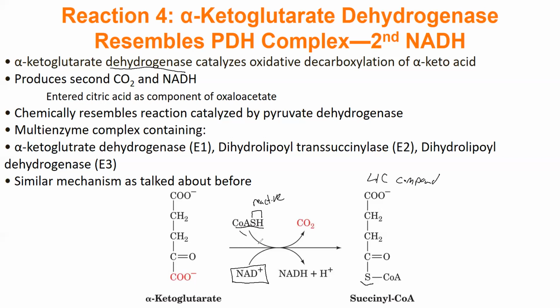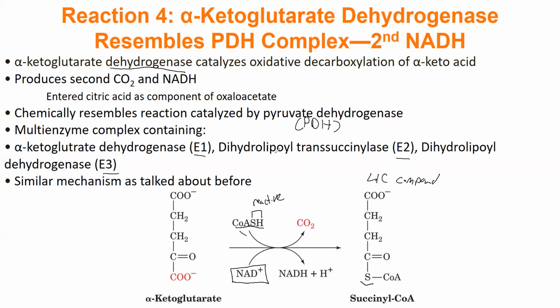And going from AKG to succinyl-CoA, it is not as simple as this. There is an alpha-ketoglutarate dehydrogenase complex. It's basically the same idea as PDH. And since we went through PDH, I'm not going to go through it again, but you have 3 enzymes.